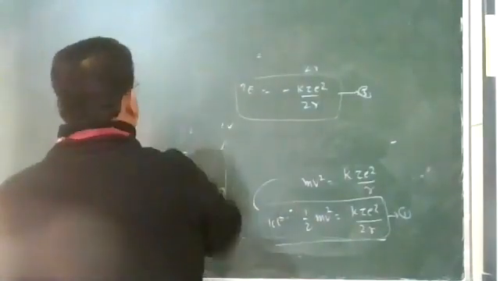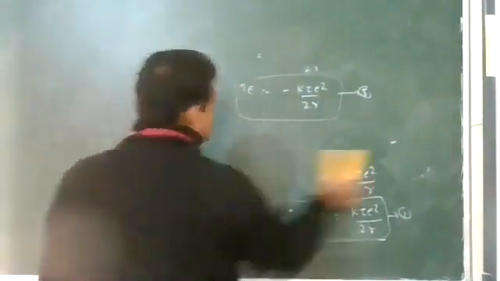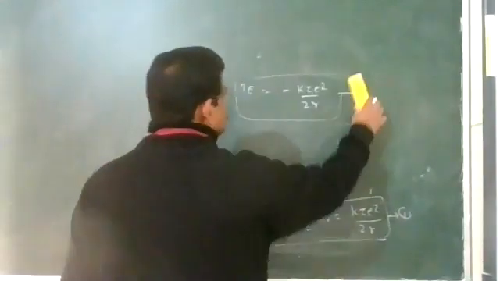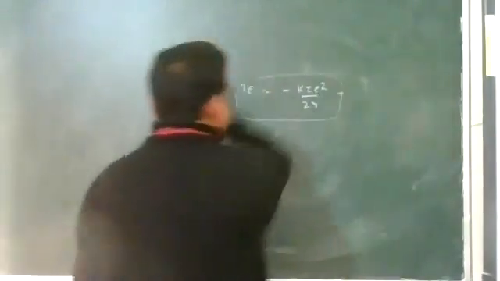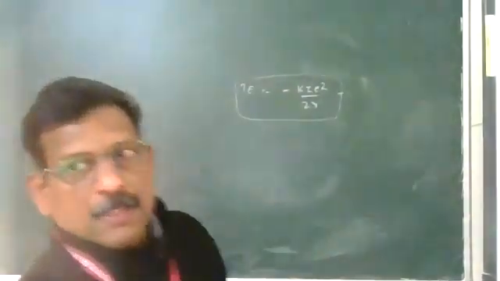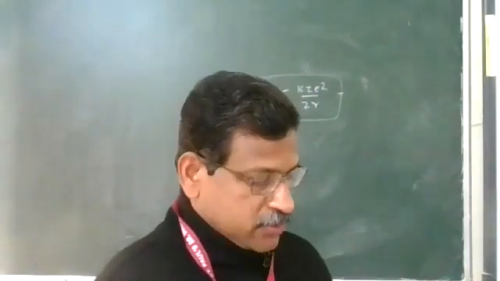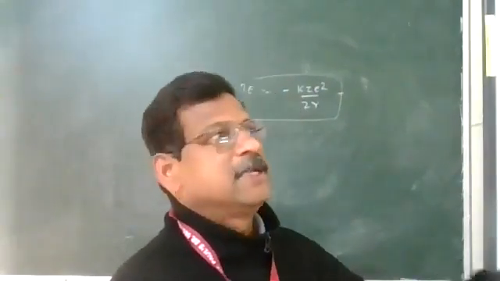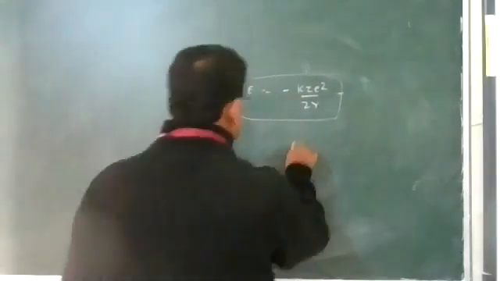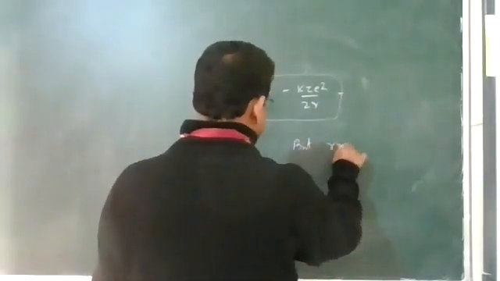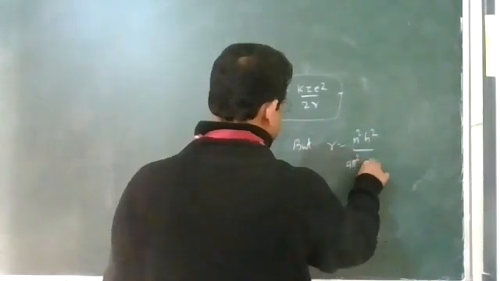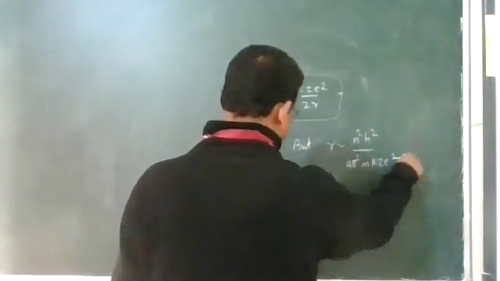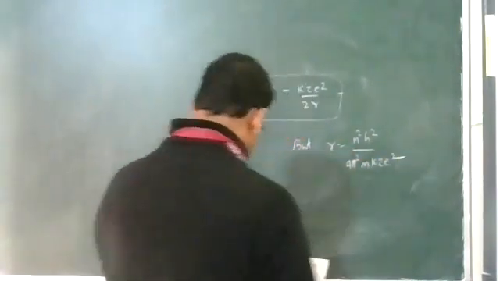These are very, very important points. Substitute the value of r in this equation, the general equation. The general equation of r is n square h square divided by 4 pi square m K Z e square.